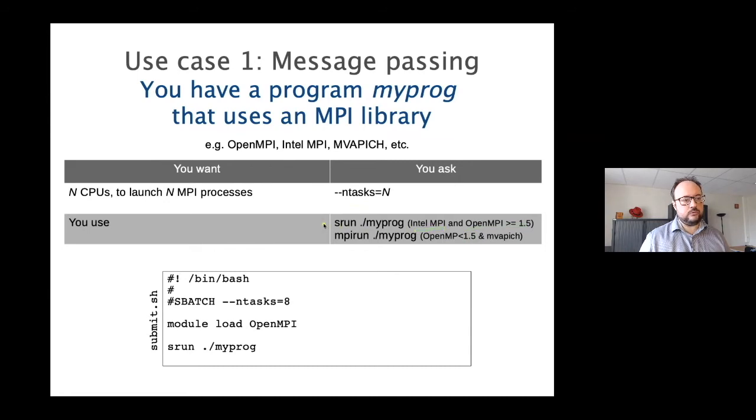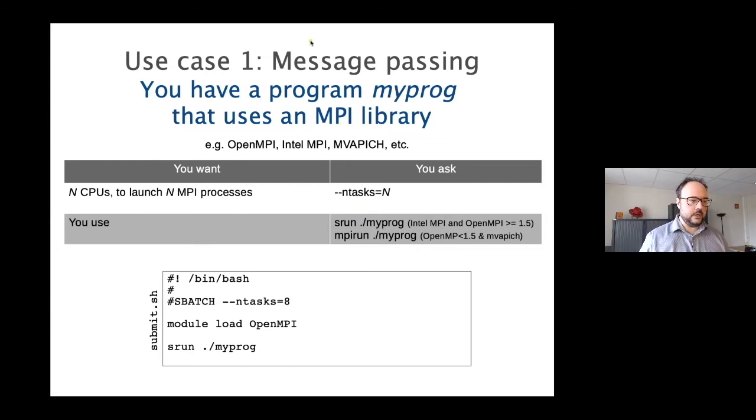Most of the time now you will use srun, so it would create a job step. And srun will start the myprog utility on all the nodes that were allocated to your job, and actually on all the single CPUs that were allocated to your job. And then the OpenMPI library will create the environment and so on.